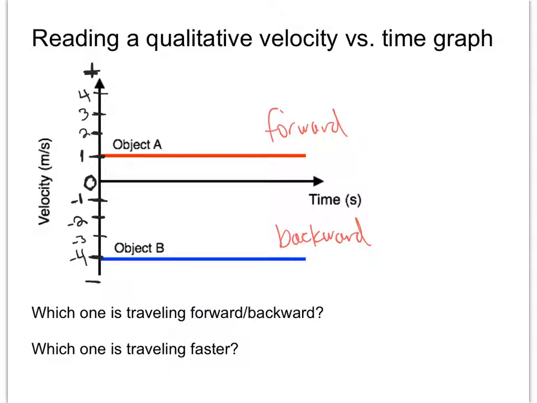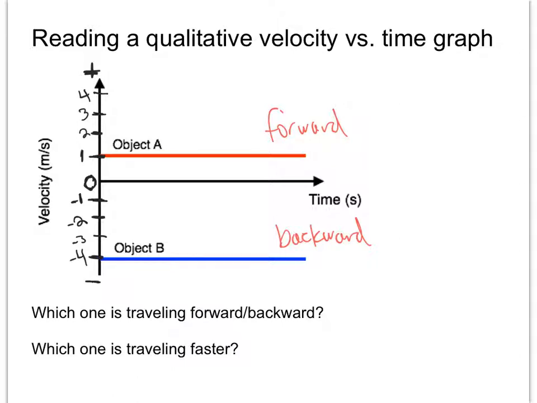Based on the tick marks, we can see that object A clearly has a velocity of +1, while object B has a velocity of -4. So object B is moving backwards, however, it's moving faster because the number 4 is greater than 1. Even though it's a negative number, it's a larger number than 1. So object B is moving much faster.